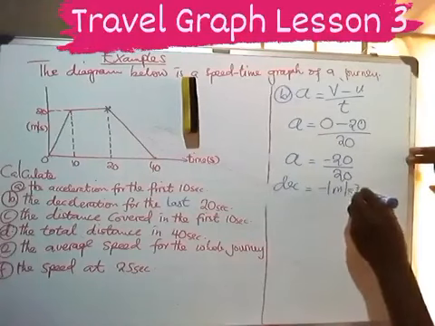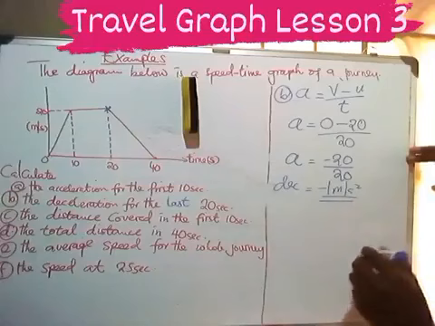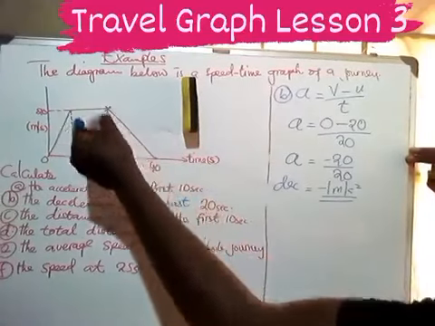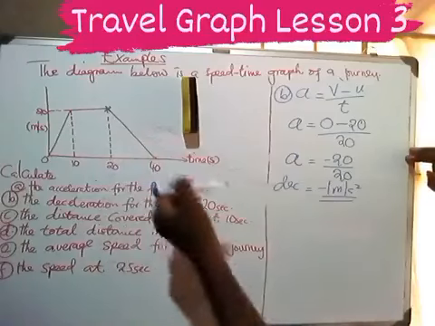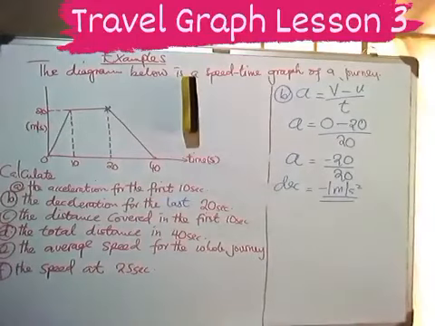Meters per second squared. Why? Because the speed is in meters per second, and the time taken is in seconds. So we have negative 1 meters per second squared. Please, can you also pause this one and copy, because I'm labeling it. Thank you so much. Now we go to question C.